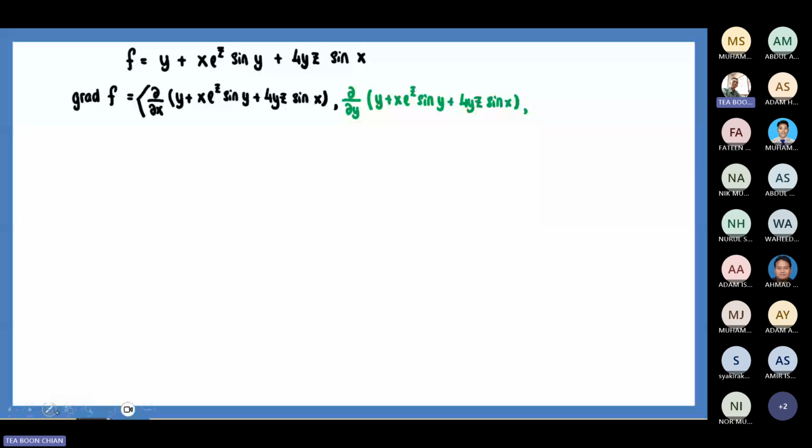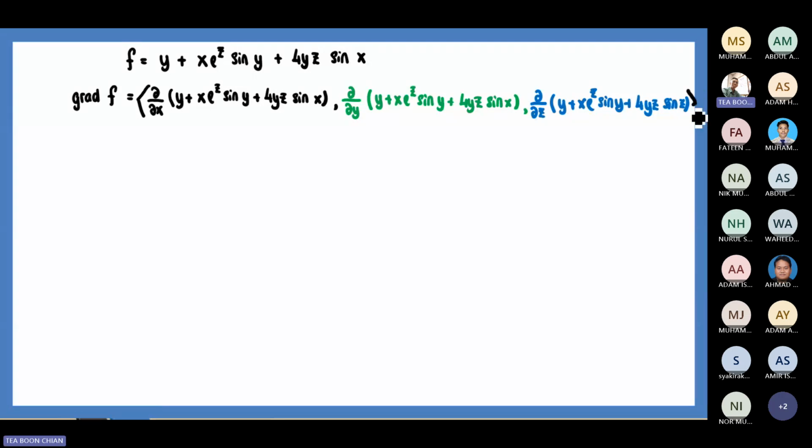Comma, finally, differentiate the same function again, now with respect to z. So this is the part that you have to be careful because the result of the divergence is actually quite lengthy. Make sure when you perform the gradient computation, don't get confused and don't make any careless mistake. Now close the vector.